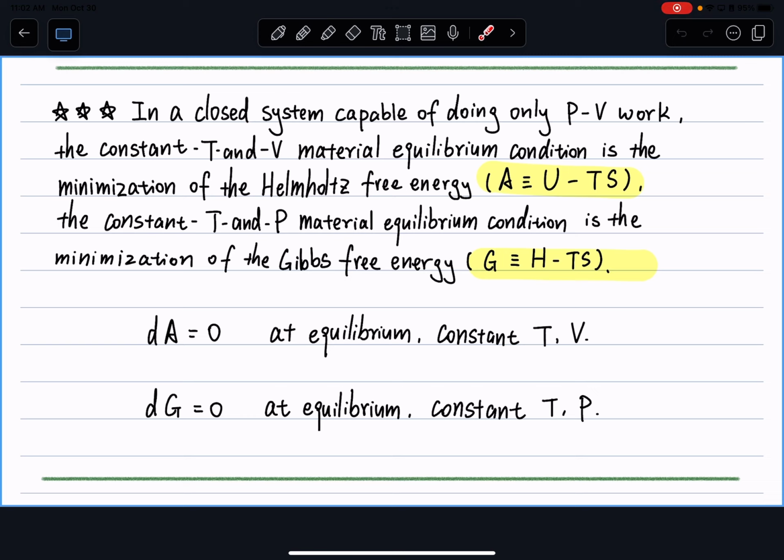By defining these two new state functions, the change of these two state functions will equal 0 at equilibrium. So let's look at some examples first, and then we'll look at the physical meaning of these new state functions: what exactly are Helmholtz free energy and Gibbs free energy, and why do they call it free energy? Let's get started.